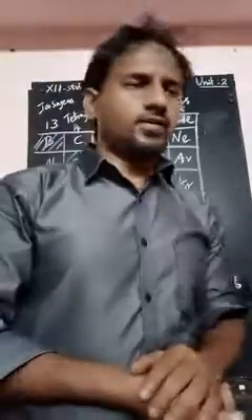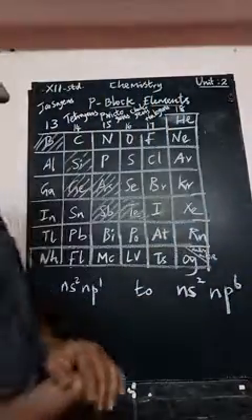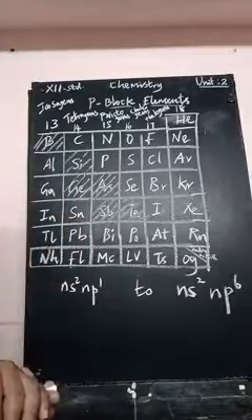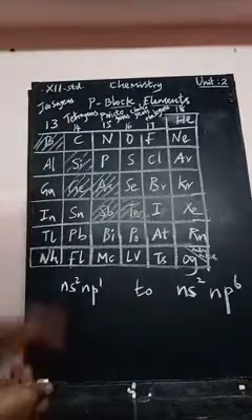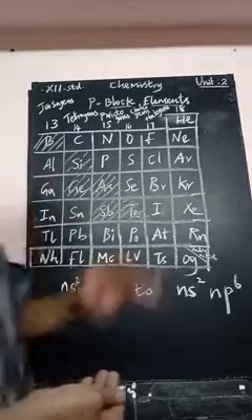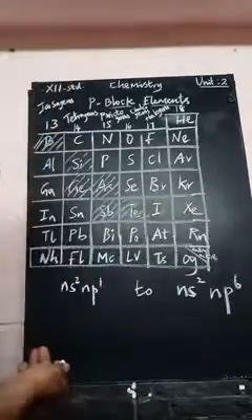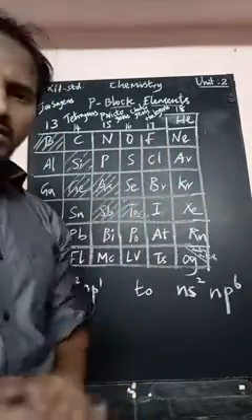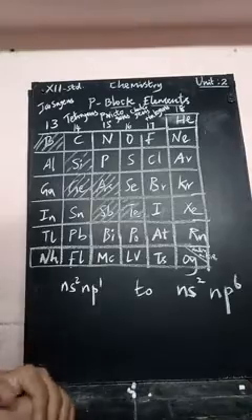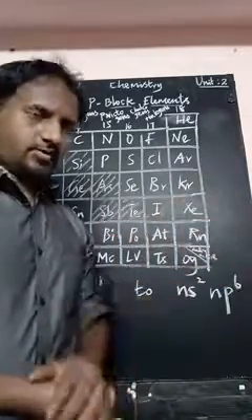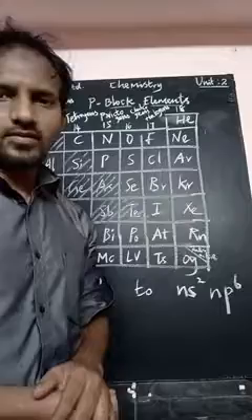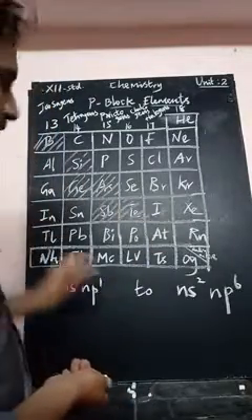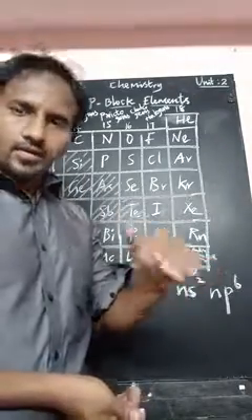Next to see are the periodic properties. The ionization enthalpy of p block elements increases as we move from left to right. This is due to outer electrons being added in the same shell. Whereas as we go down the group, the ionization energy decreases.